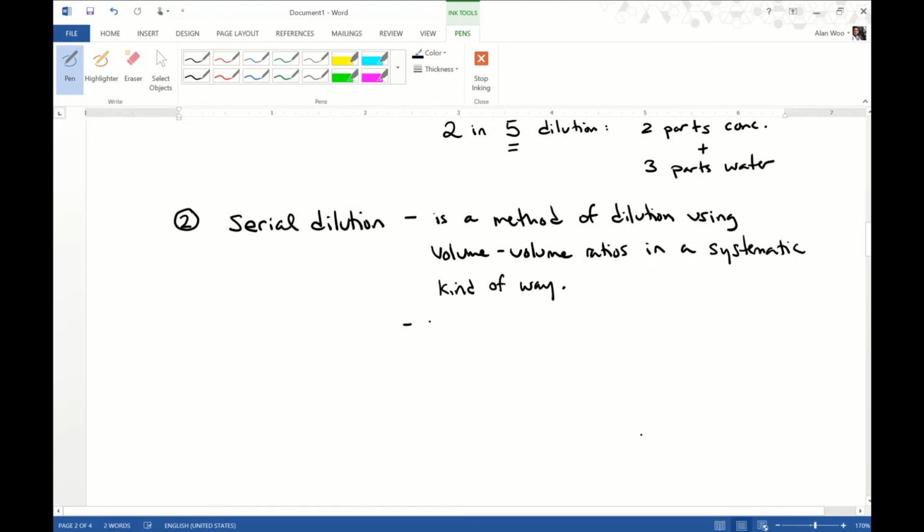So it's also a very quick method of diluting highly concentrated samples.